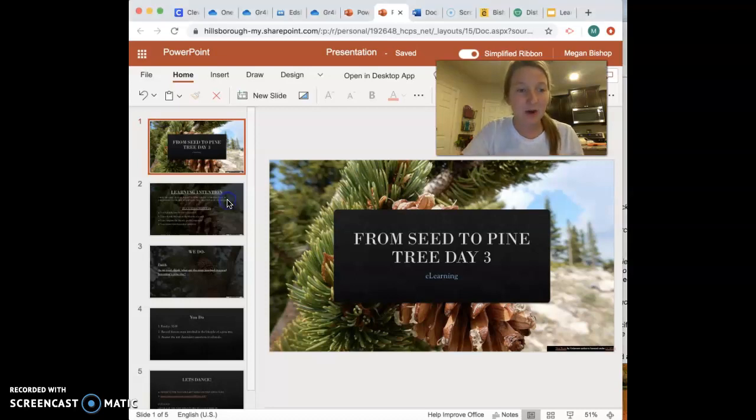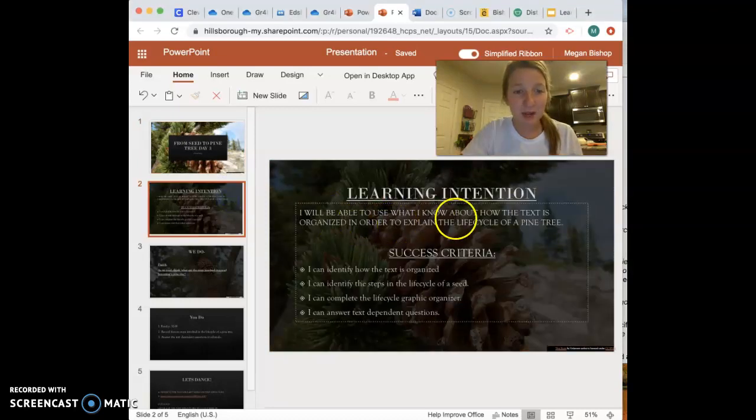All right, so our learning intention for today is: I will be able to use what I know about how the text is organized in order to explain the life cycle of a pine tree. Yesterday we worked on identifying how the text is organized, paying specific attention to certain pages. When we think of text structure, we normally think of the entire text.